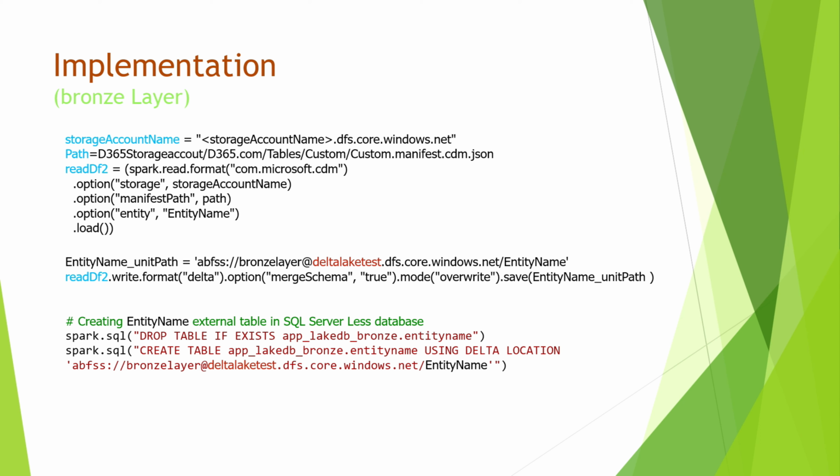Now coming to the implementation of the bronze layer. This is the sample tested piece of code, where you can see that we need to define the storage account name, and then the path where the Dynamics 365 export to the data lake happened, with the portal ID and tables, and then the custom.manifest.cdm. Once that is done, we create a Spark data frame by using the com.microsoft.cdm format, with options for the storage account name and manifest path.